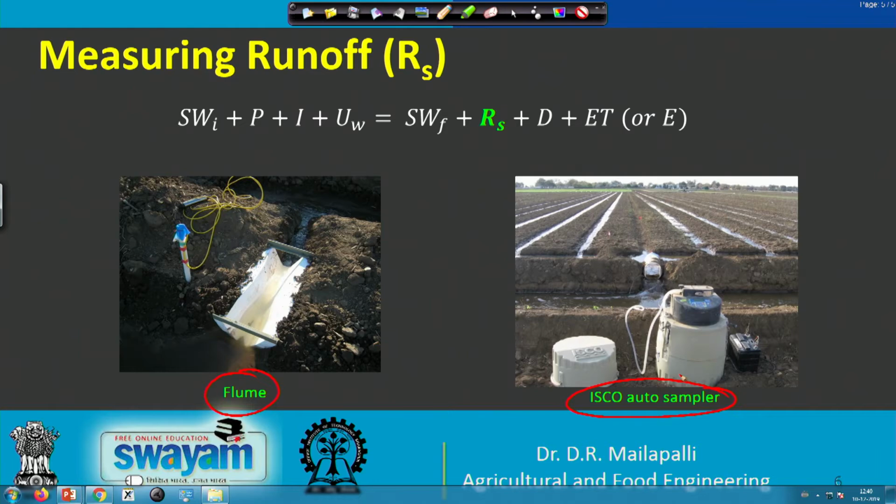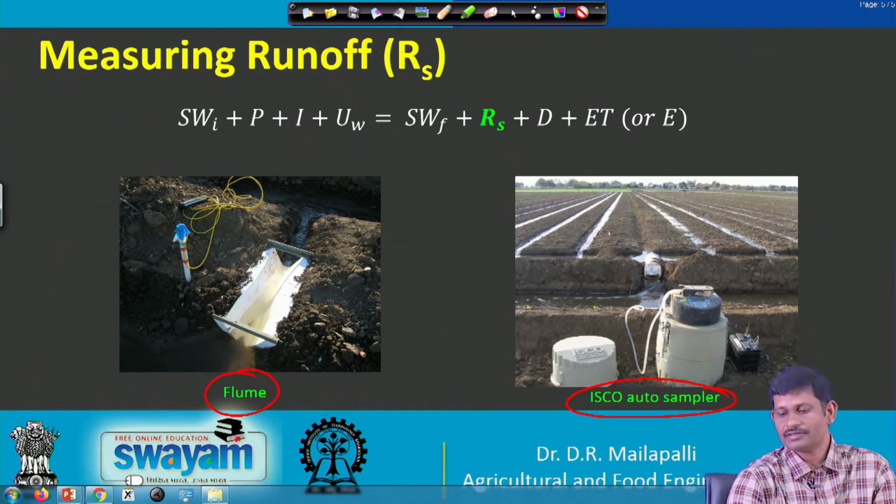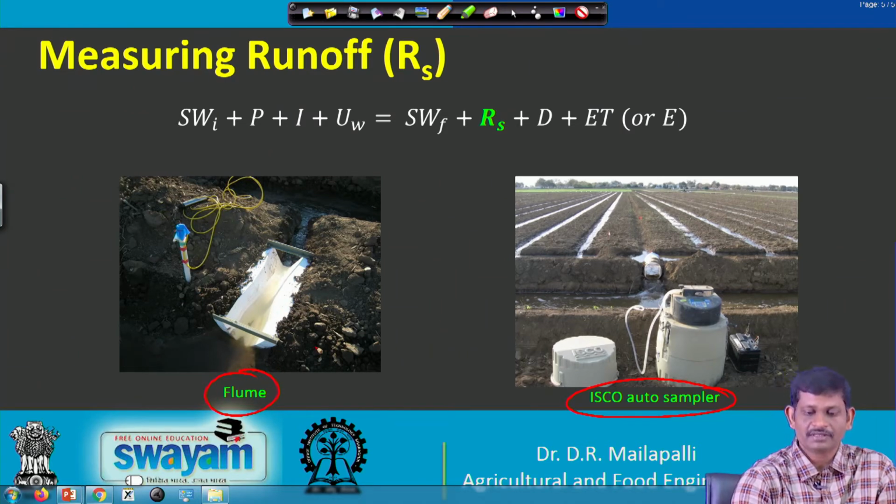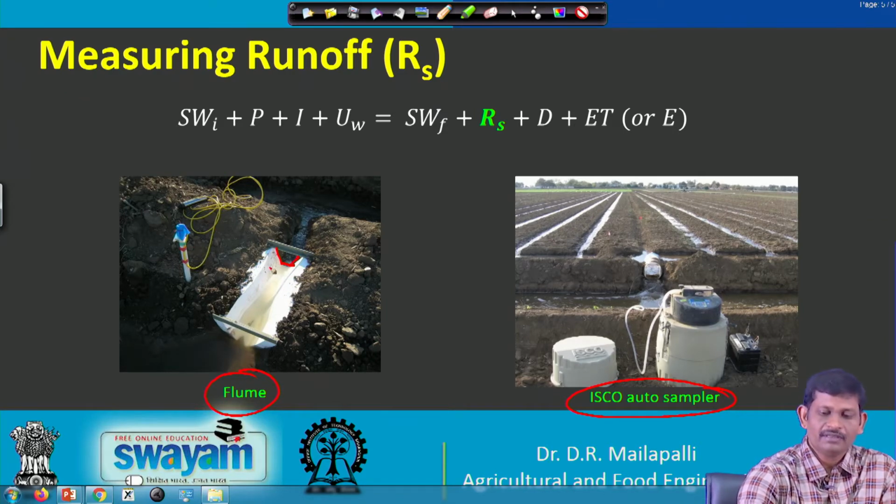If you see in this picture, the flumes or auto samplers, they work, the discharge will be estimated based on the area velocity method. So, this is the trapezoidal shape, knowing the depth and velocity. The velocity in this case is already calibrated using pressure transducers here, right.